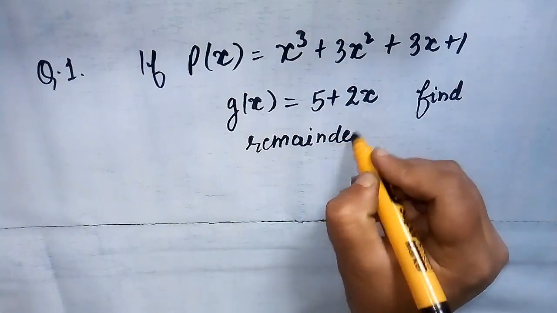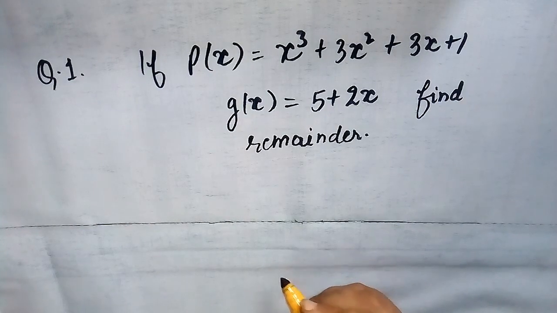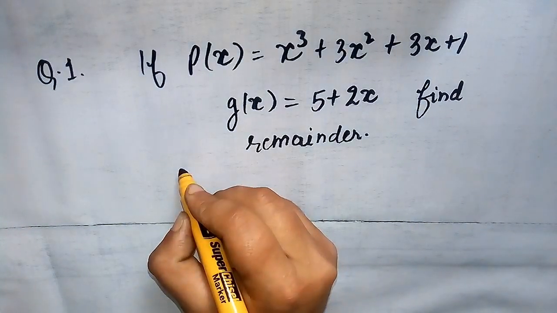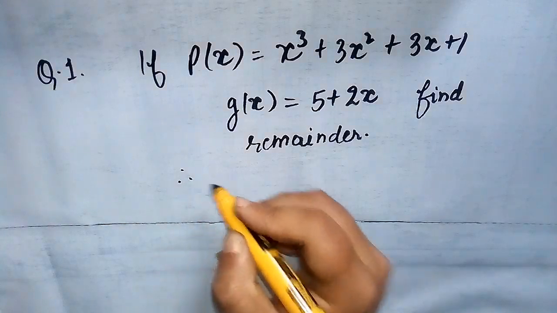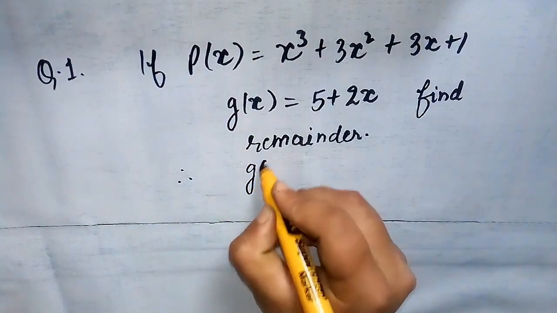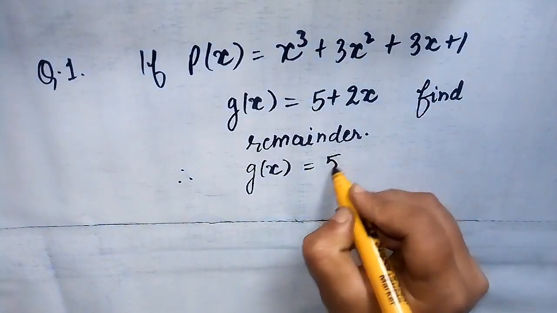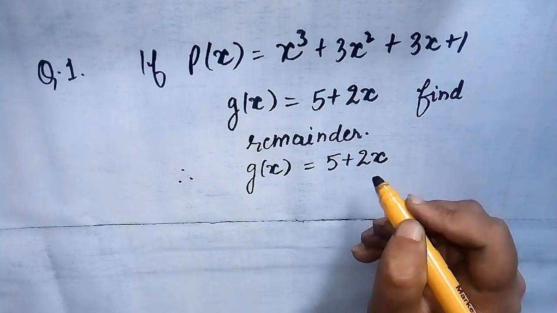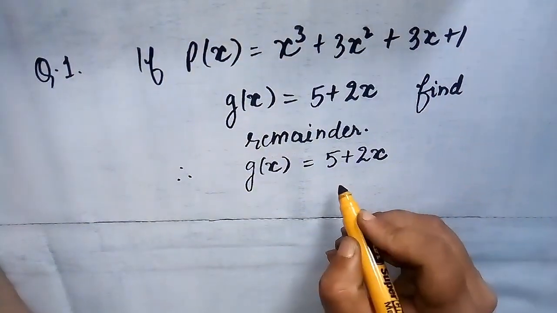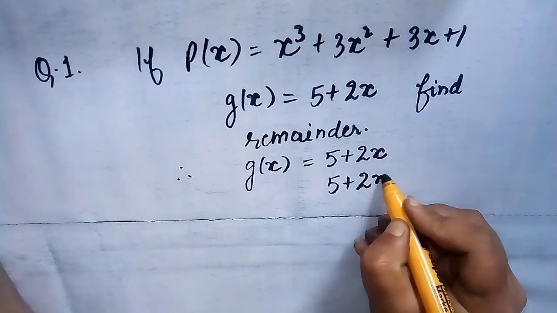And remember that the remainder theorem is applied when your divisor is a linear polynomial. So you can see in g(x) the degree of the variable is 1, g(x) equals 5 plus 2x. What we have to do?